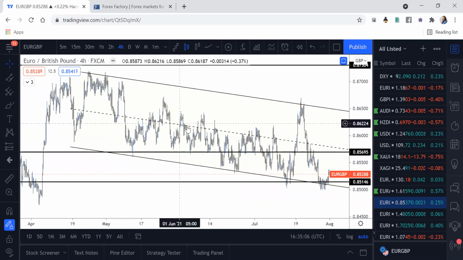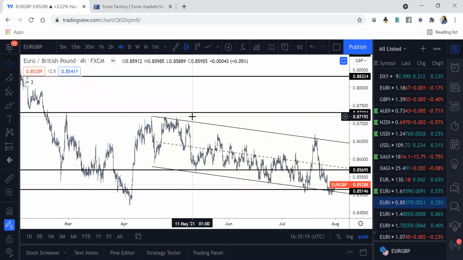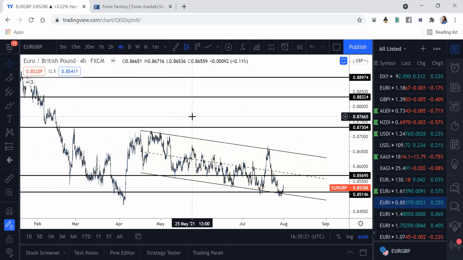So we're identifying key support and resistance on the daily and the 4-hour. Then on the 4-hour and the 1-hour time frame, we're looking for patterns. So on this 4-hour time frame, we've identified a descending channel.